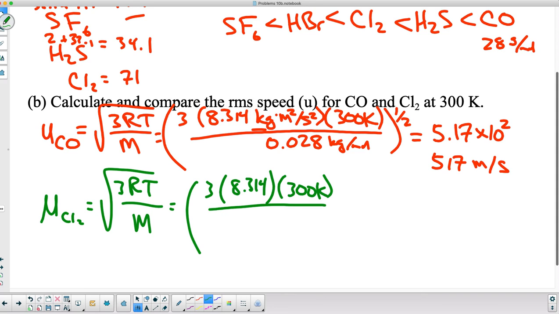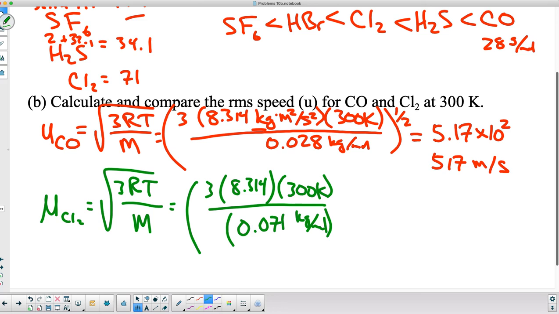The only thing that really changes is going to be the 71 grams per mole. Now, the 71 grams per mole means that I need to change that to 0.071, and that's kilograms per mole, like that.